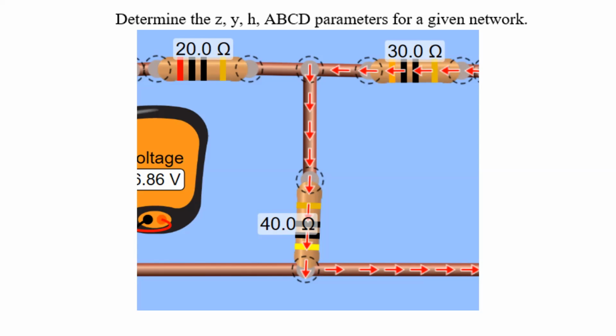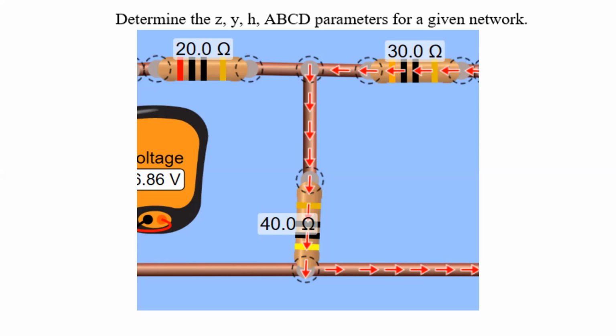So please note this circuit diagram. It is a T network having 20 ohm and 30 ohm resistances on the top side, and on the bottom arm there is a 40 ohm resistance. You can change the resistance values and simulate; that is not an issue.